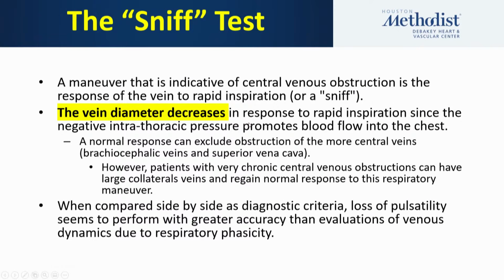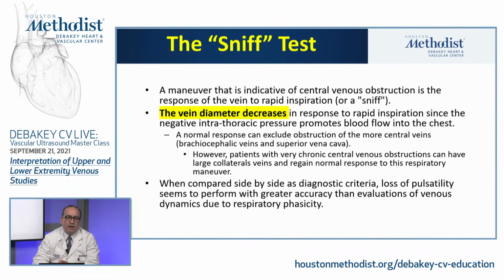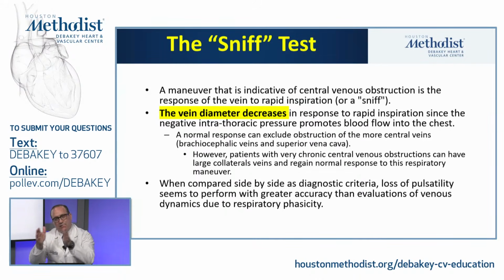An interesting maneuver is called the Sniff test. This is sometimes a little hard to perform, but it gives us indirect evidence that the central venous system is patent. What happens is, as the patient takes a sniff, or a very brisk or rapid inspiratory effort, the vein tends to collapse as the increase in flow occurs, and if the vein is able to collapse or decreases in diameter, we can assume indirectly that the central venous system is patent.